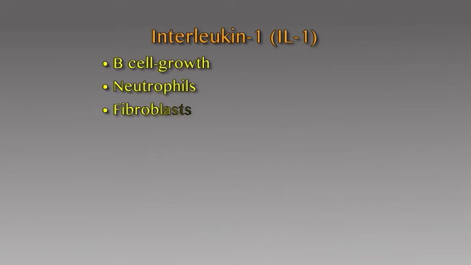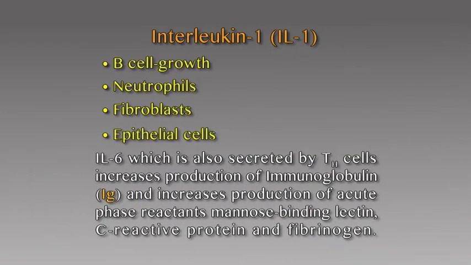Further, antigen-presenting cells or APCs stimulate T cells via interleukin-1 or IL-1, which also stimulates B cell growth, neutrophils, fibroblasts, and epithelial cells, while IL-6, which is also secreted by T cells, increases production of immunoglobulin and increases production of acute phase reactants: mannose binding lectin, C-reactive protein, and fibrinogen.